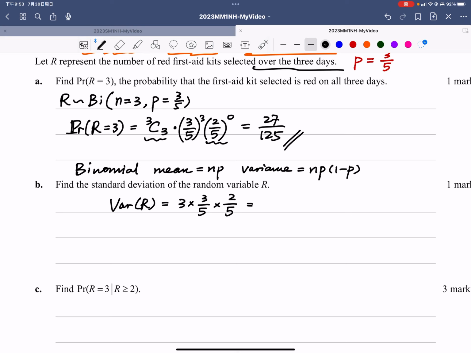This gives 18 over 25: 9 times 2 is 18, 5 times 5 is 25. So the standard deviation of R is the square root of 18 divided by 25, which will be 3 root 2 divided by 5, because 18 equals 3 times 3 times 2, okay? And that's the answer.